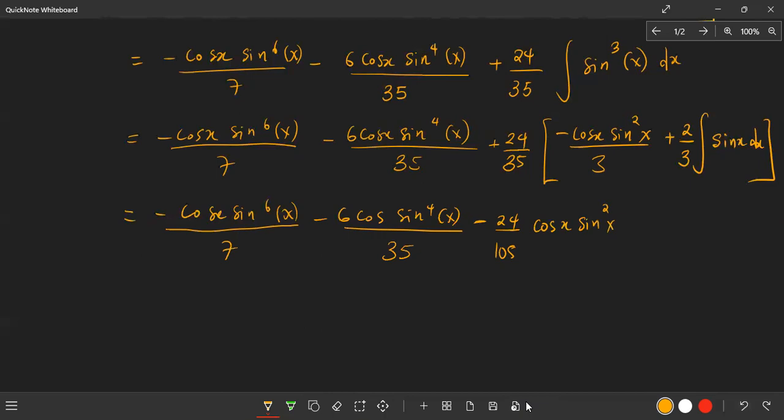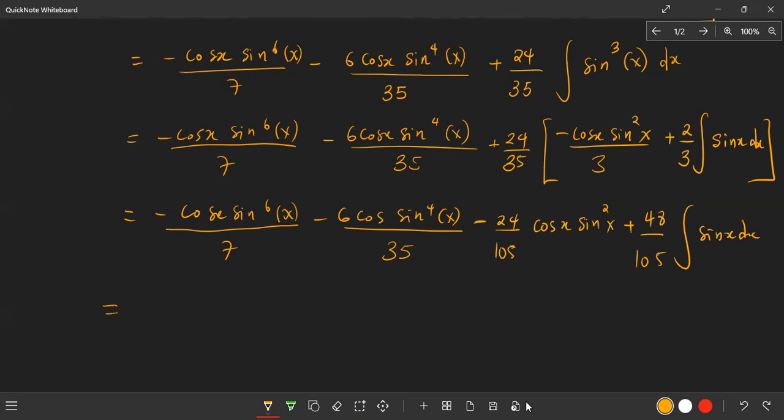And of course you can also find the integral of sine, which is negative cos. Let me simplify this first: 48 over 105, times the integral of sine x dx.